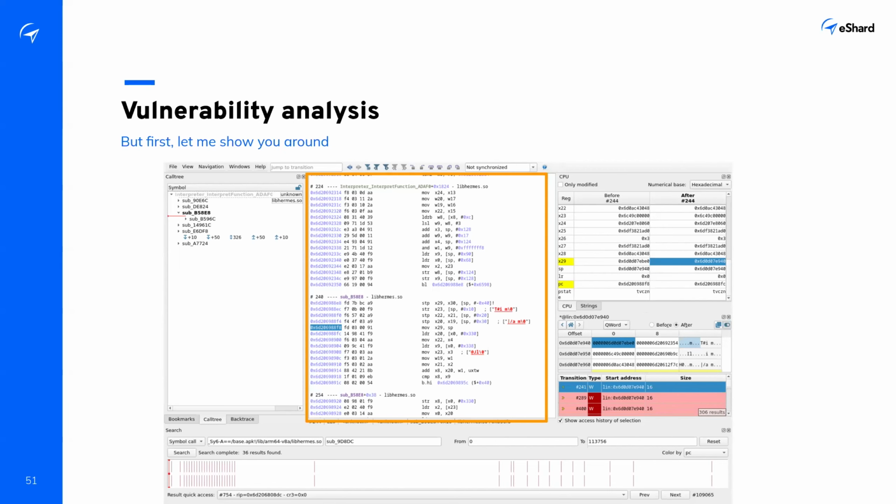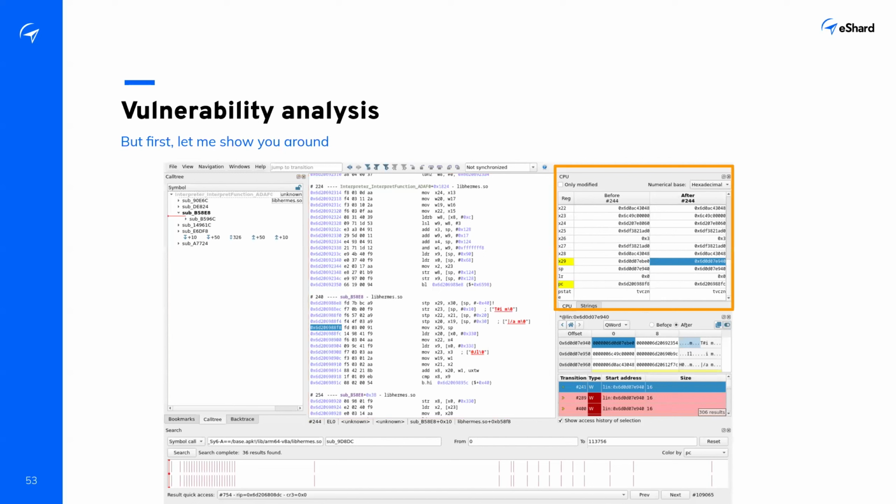On the left-hand side, you have a call tree that allows you to look at the different symbols and how they interact with each other in time. On the right side, you have the CPU view, that is the state of the CPU before and after the execution of the selected instruction in the middle.